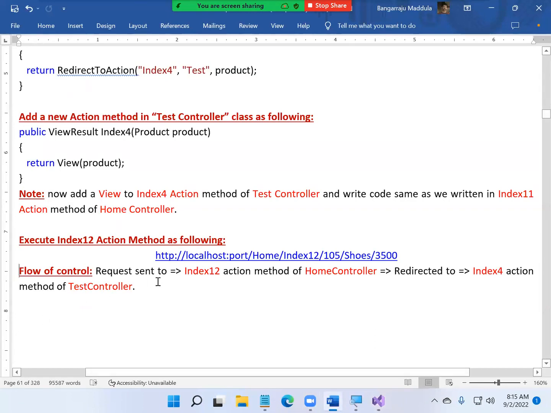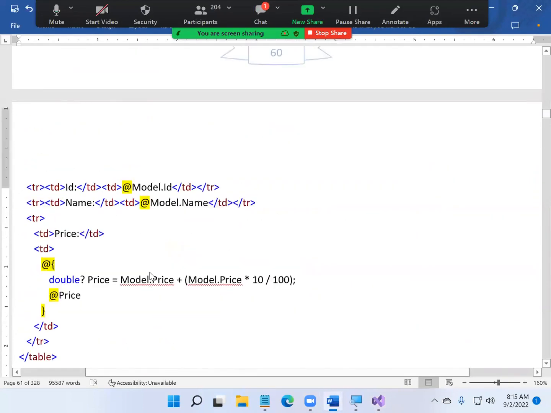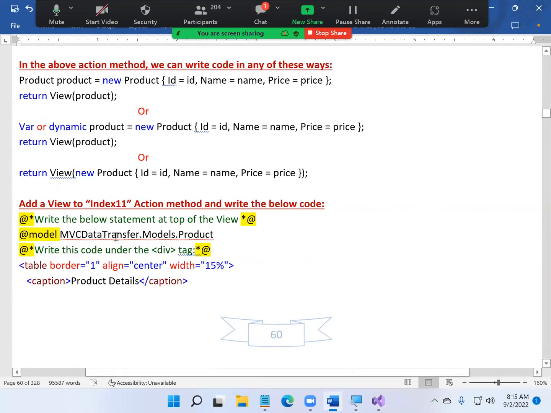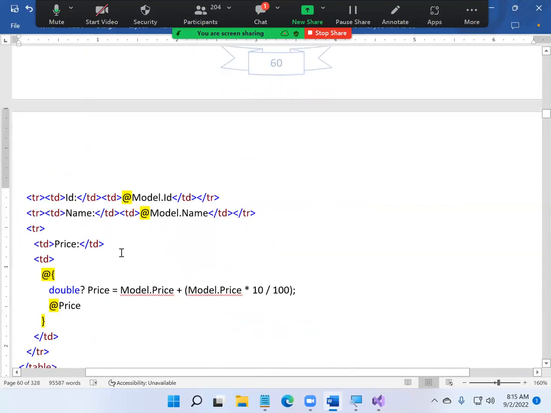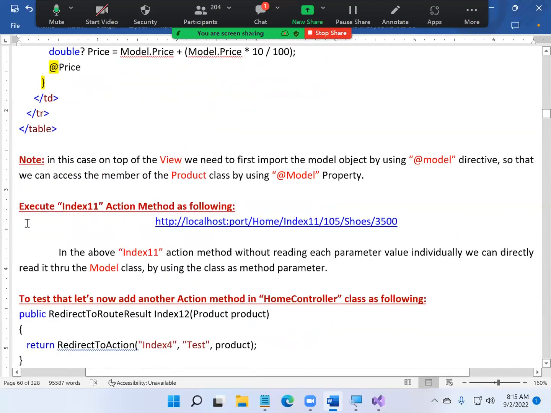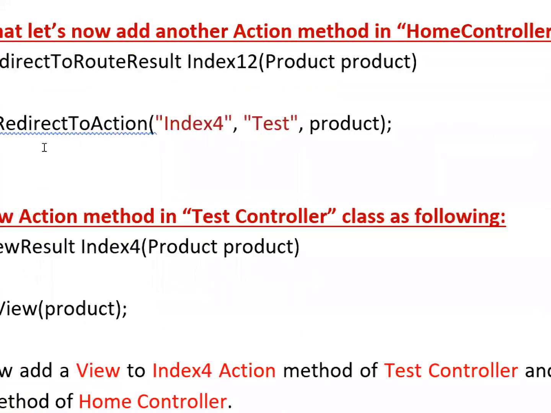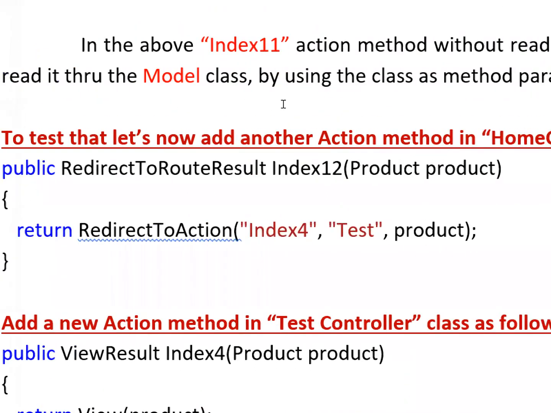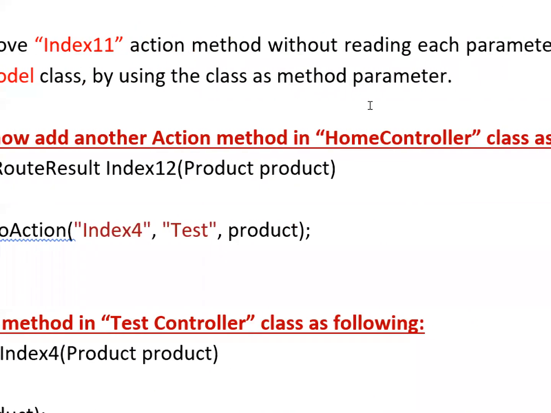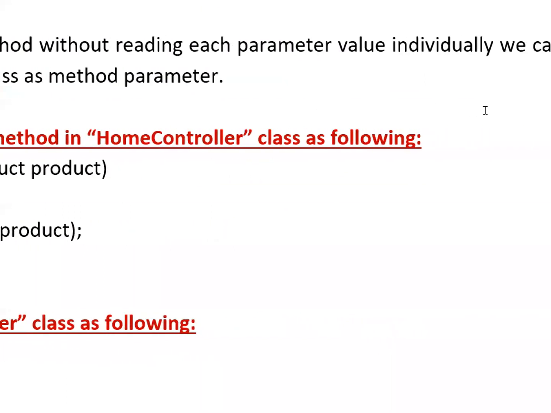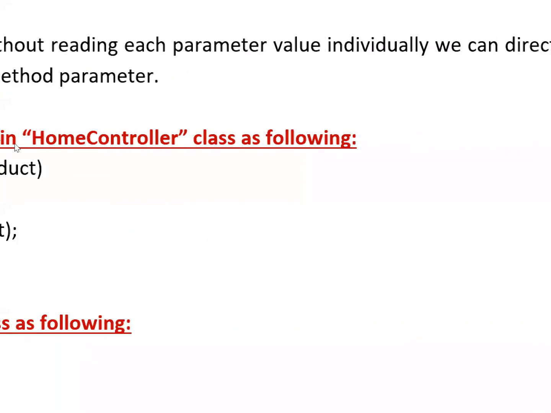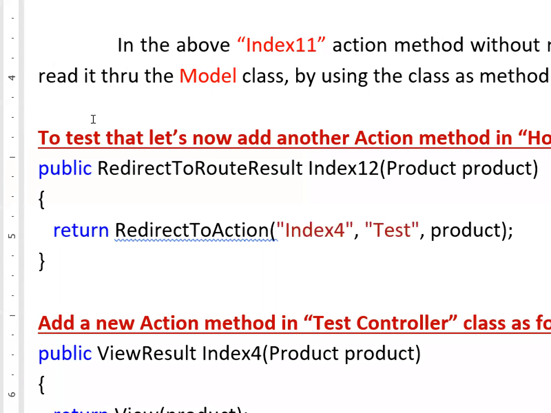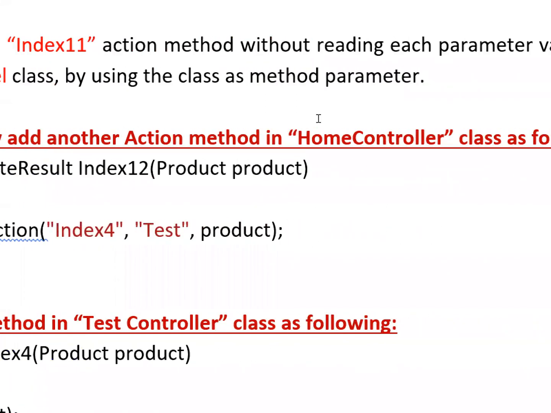Okay, so you can observe it. This index 11 is done. Next. Just to say, in the above index 11 action method, without reading each parameter value individually, we can directly read it through the model class by using the class as method parameter.